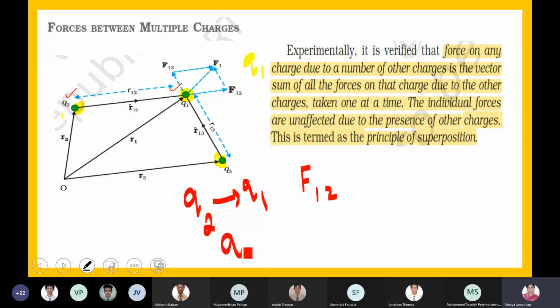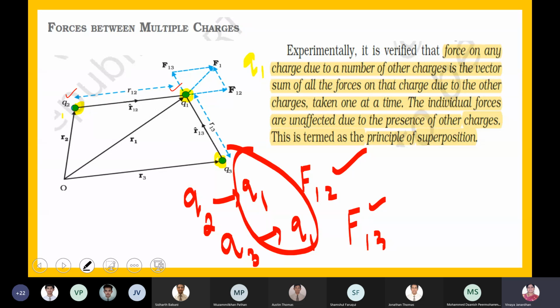Let the force exerted by Q3 on Q1 be F13. So Q1 is experiencing two forces, F12 and F13. So what will be the total force experienced by Q1? Let me take it as F1. All vectors, so that will be the vector sum, F12 plus F13.